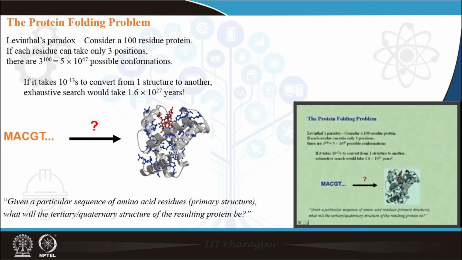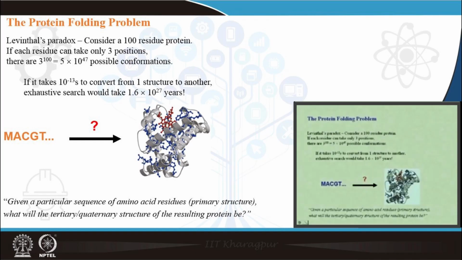So, of the 10 to the 47 possible conformations available for a protein that is only 100 amino acid residues long, if it took less than a picosecond to determine whether it was going to fold into any one of these possible conformations, then it would take 10 to the 27 years for a single protein to fold, which it does in a matter of milliseconds. So, it knows exactly how it's supposed to fold.